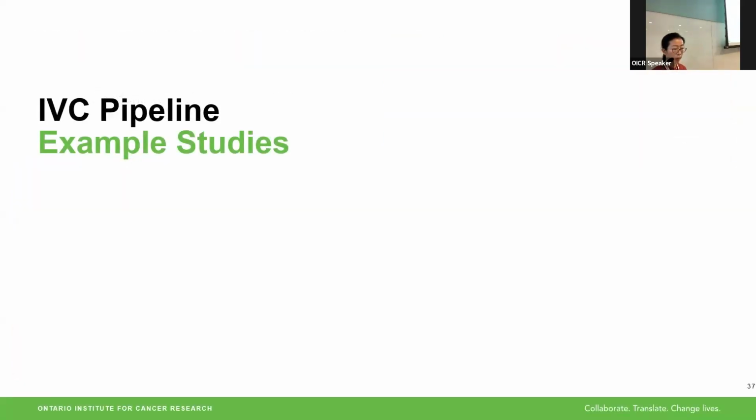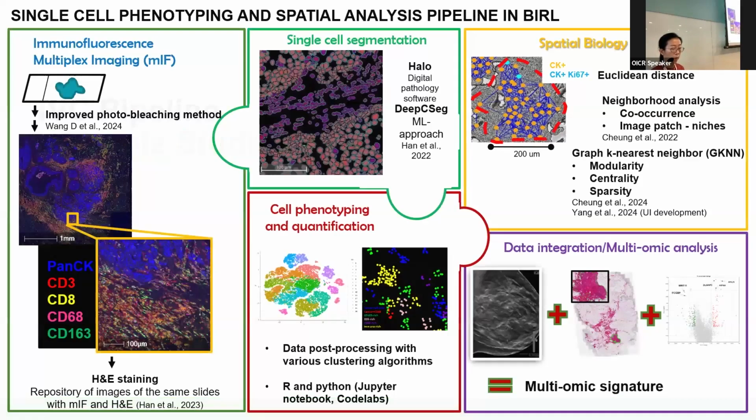So now I just want to spend a little more time talking about the pipeline that we have developed over the years for analyzing multiplex images. As I was mentioning, we have two systems running in the lab, and we have made some progress in terms of the wet lab procedures. For example, our multiplexing specialist, Dan, has developed a new improved photobleaching method, which will soon be published in the journal AIMM.